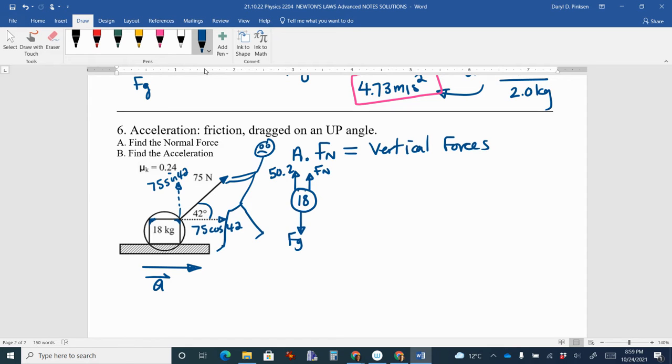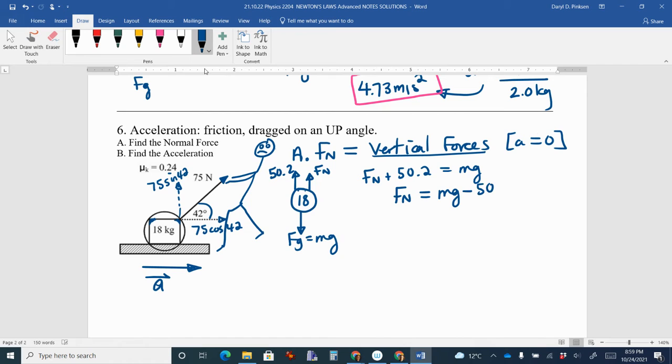Because the acceleration is 0 in the vertical direction, we can say Fn plus 50.2 equals mg, the force of gravity. The normal force is going to be mg minus 50.2, which is 18 times 9.81 minus 50.2.